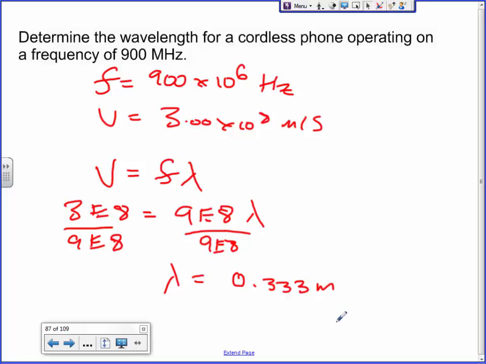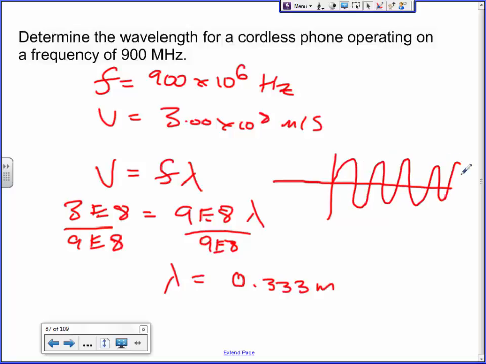You guys calculate that as well? So what does that mean? Well, it means that if you were to think of your cordless phone operating like a wave like this, the distance between wave crests is 0.333 meters. It's a third of a meter stick. That's how big that wave is.